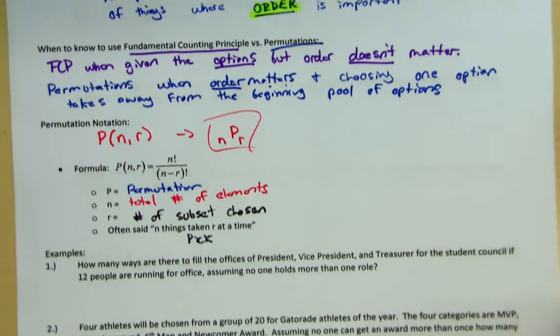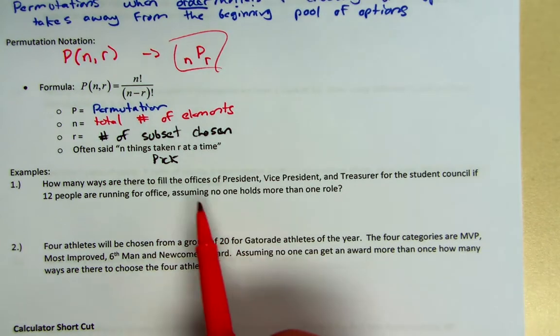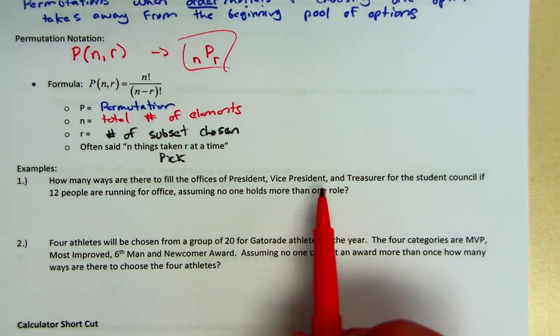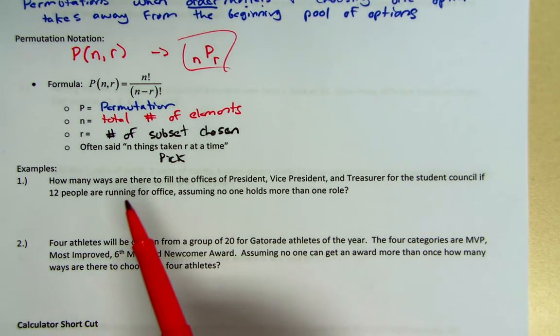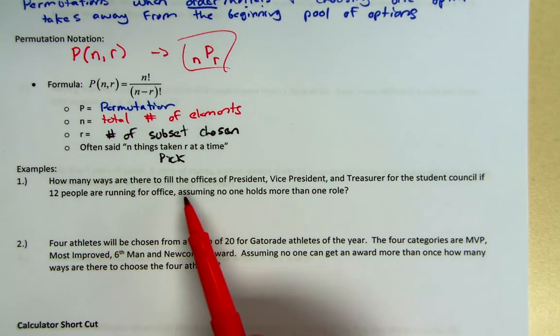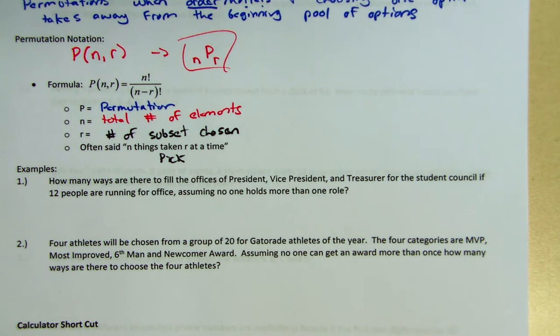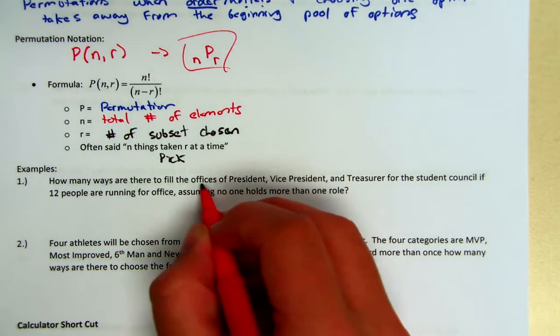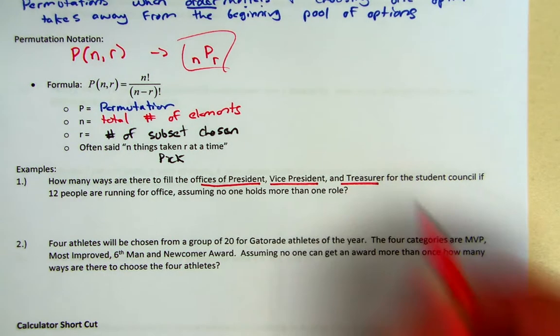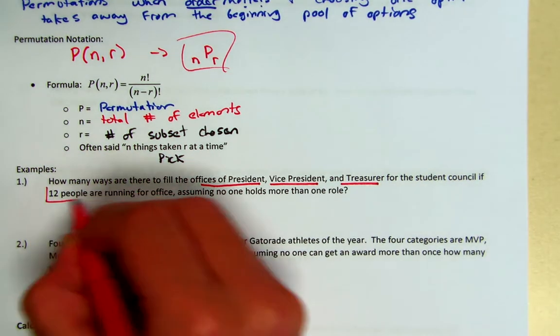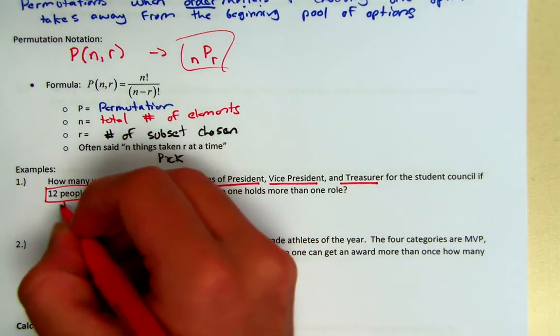Alright, so two examples here. How many ways are there to fill president, vice president, treasurer for student council if 12 people are running, assuming no one holds more than one role? So how do I tell if this is a permutation or counting principle? Well, this tells me I have three options here, but I have a total number of people here.